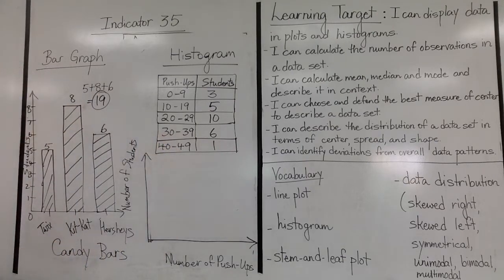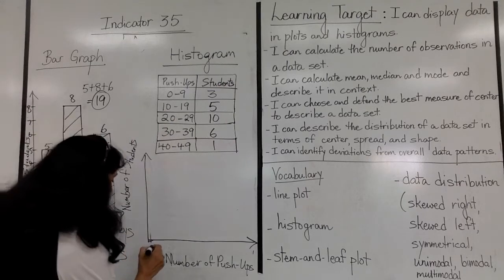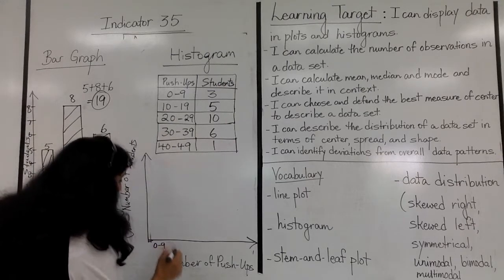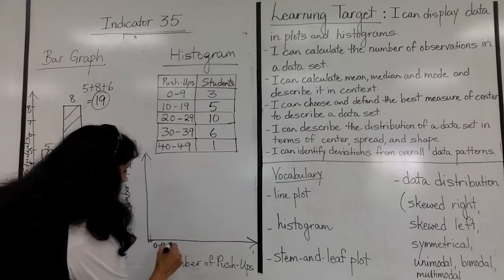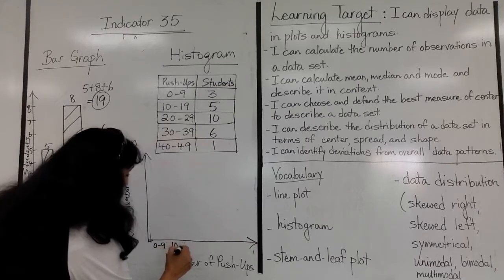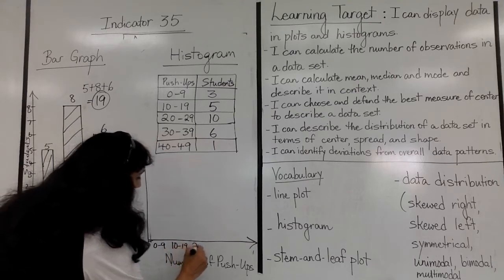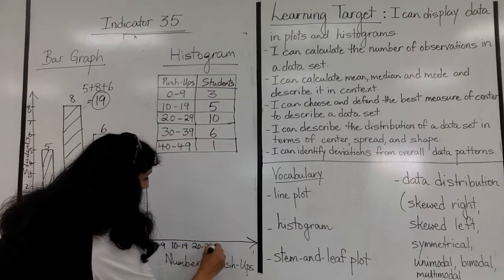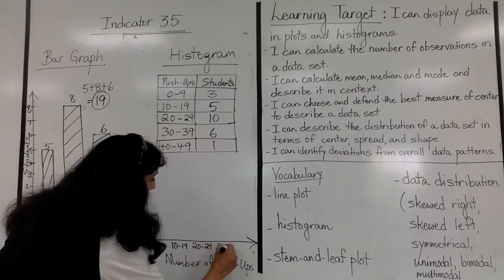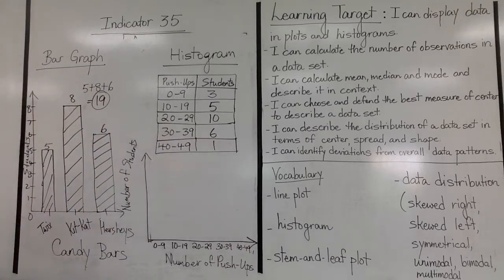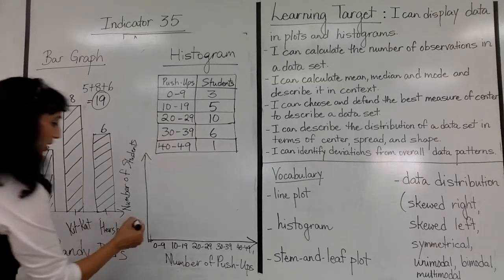Okay, so if I'm doing the frequency, I have 0 to 9. Okay, then I have 10 to 19, 20 to 29, 30 to 39, and 40 to 49. Okay, so for students, I am just going to write it.